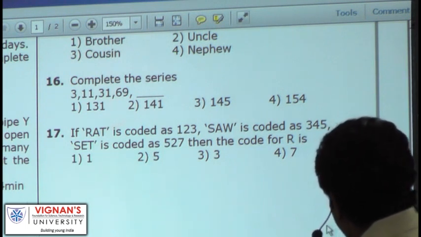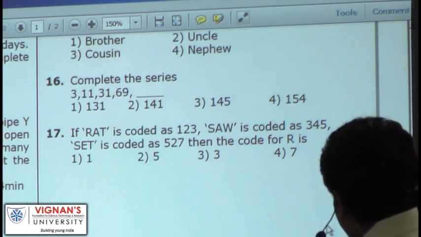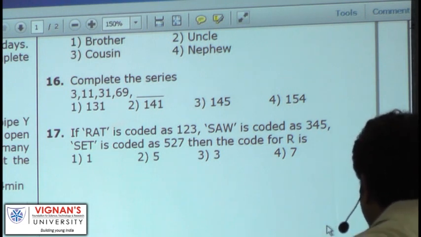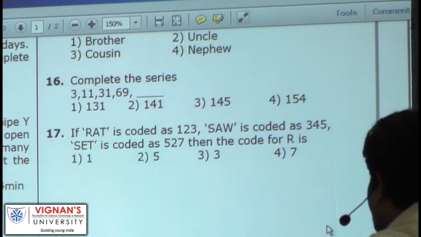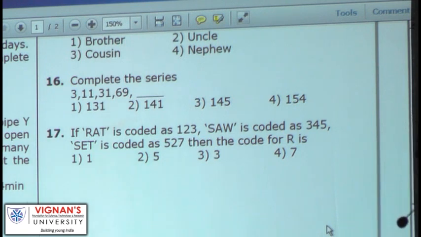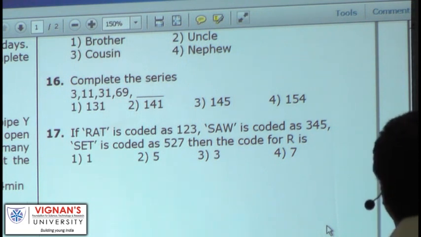If rat is coded as 1, 2, 3, saw is coded as 3, 4, 5, set is coded as 5, 2, 7, then the code for R is? What is common in the first word and second word? A is common. In the code, what is common? 3. So the code for A is 3. Now what is common in the first word and last word? T is common.